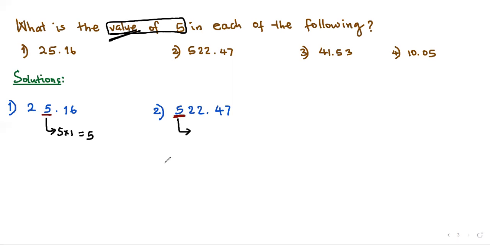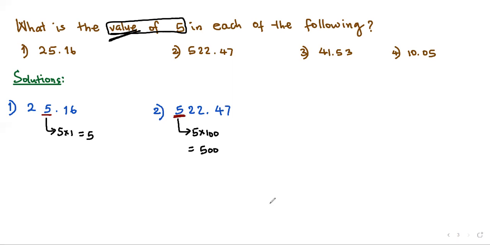That's correct. The value of 5 is 500. Or even I can say 5 times 100. I'm saying times 100 because I know that the place value of 5 is hundreds. So that's why I say times 100. So this is the same as 500. So it means that the value of 5 is 500.